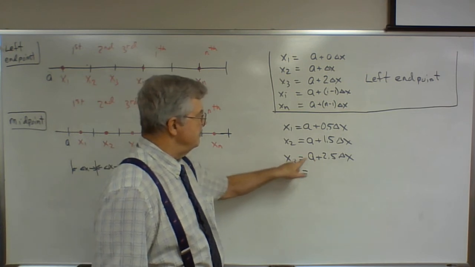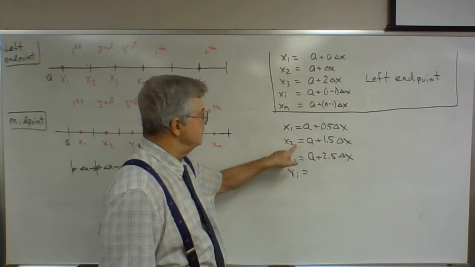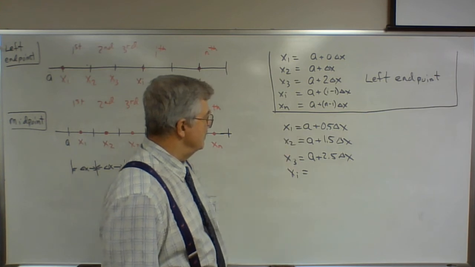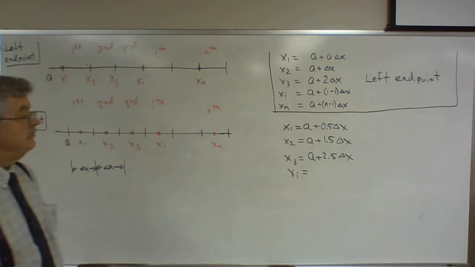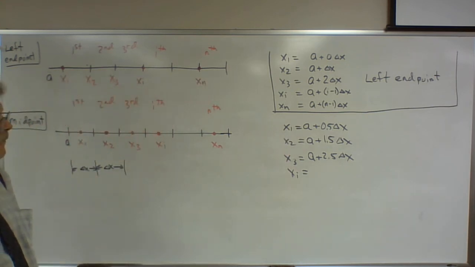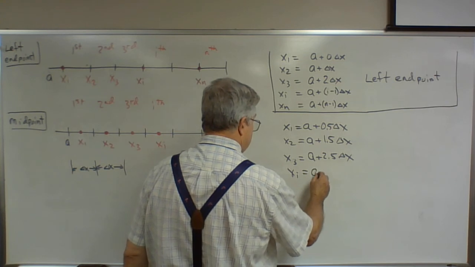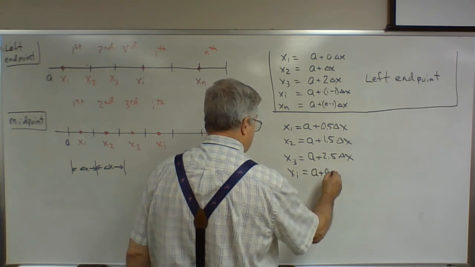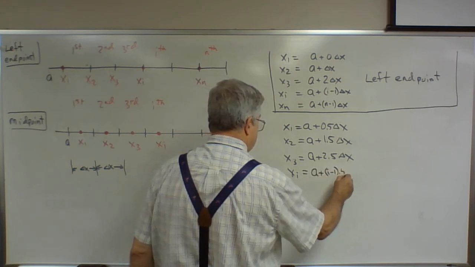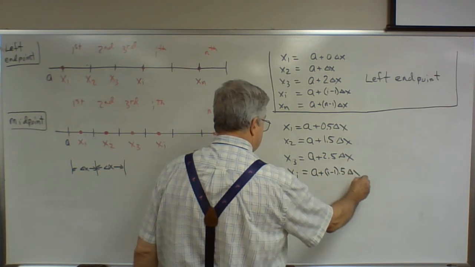2 is 1 less than 3, 1 is 1 less than 2, 0 is 1 less than 1. So x sub i is a plus (i minus 0.5) delta x.